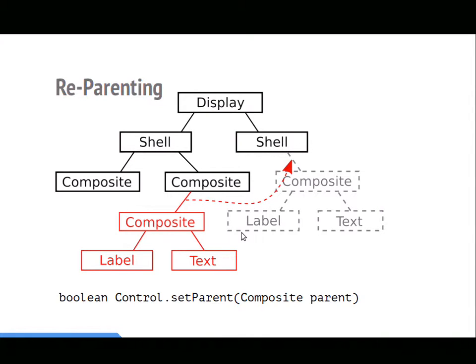And it looks like this line below. You call setParent on a control, that would be composite.setParent(shell). And the return value is a Boolean that tells you whether this action was successful or not. There were some SWT platforms that did not support reparenting, but I think the last platform that did so was Motif, which is not there anymore. So now all SWT platforms support reparenting, and RAP also.